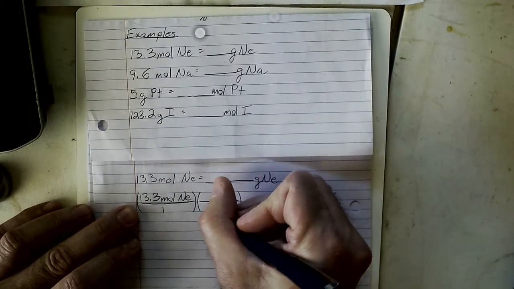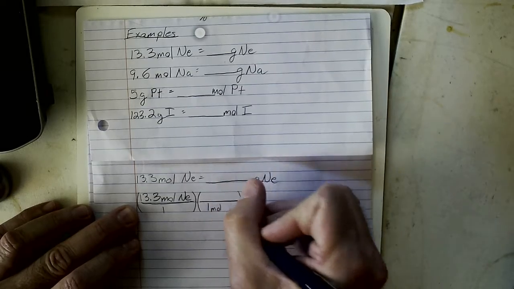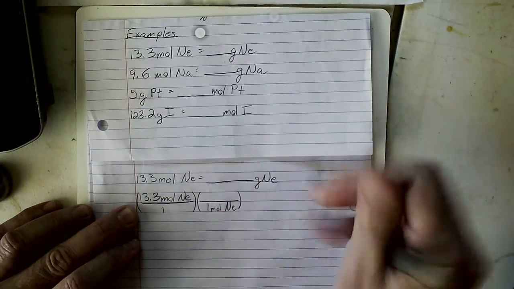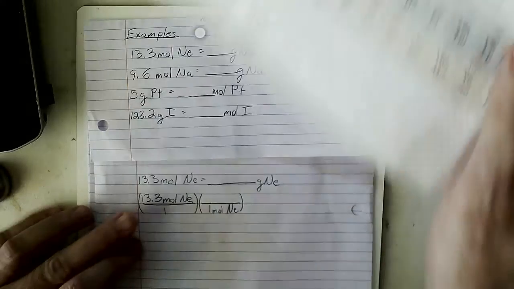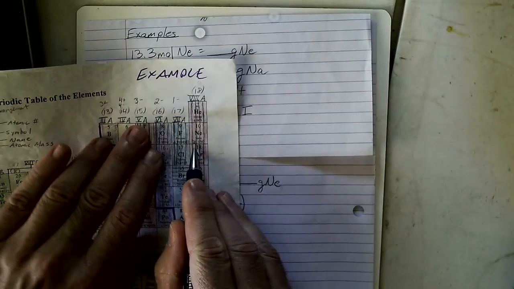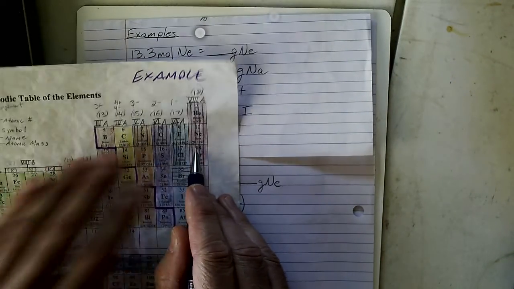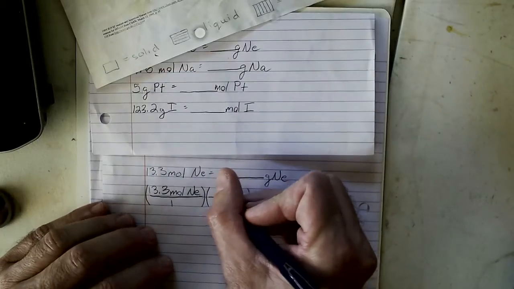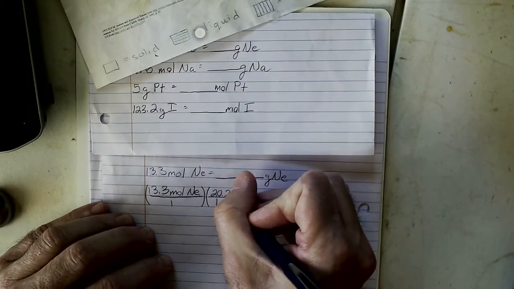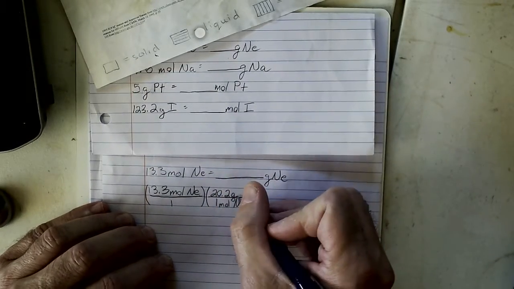Okay, so 1 mole of neon. I come to my periodic table, and I'm going to say 20.2 grams of neon.